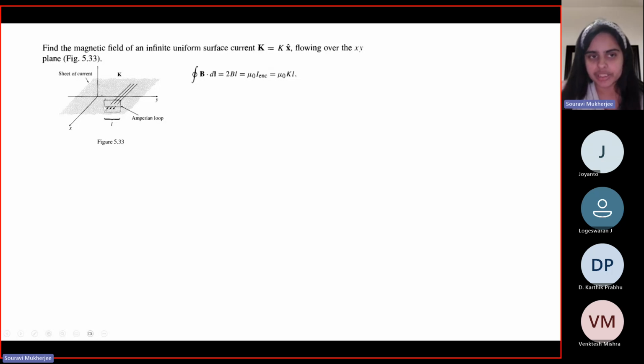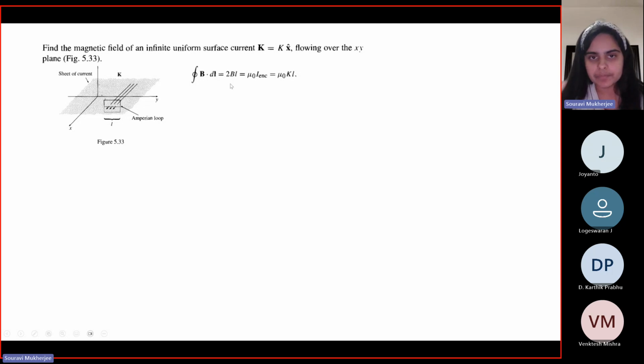This is perpendicular, right? So that means what you will have is one line integral, like this part will be a non-zero term and this will be a non-zero term, the horizontal lines. So basically you have 2BL, and that is equal to mu naught I, right? Because I would be the current that is enclosed by this loop.